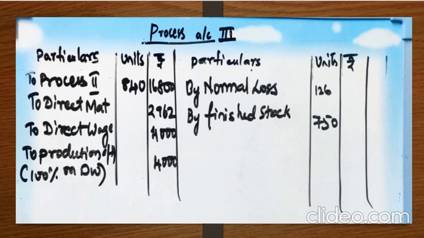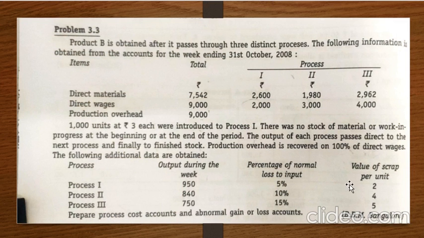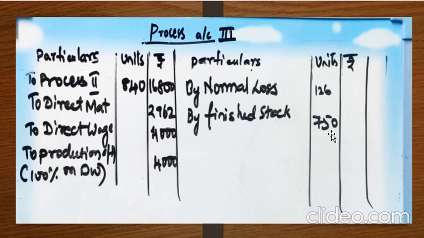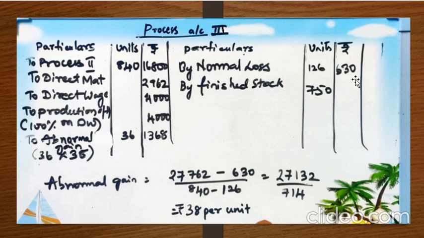For the normal loss value, look at the scrap value, which is 5 rupees per unit. Your normal loss units are 126. So 126 into 5 will give you 630 rupees. That is your normal loss.